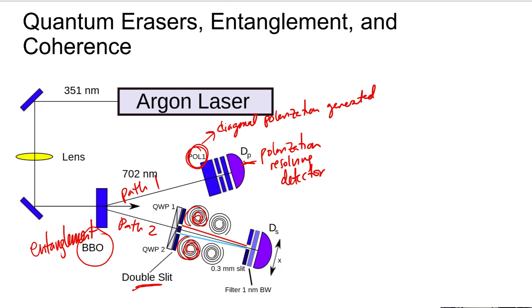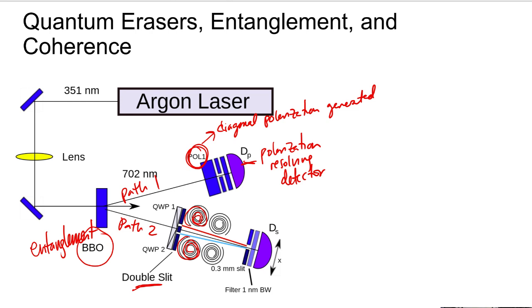The next thing that's done in the experiment is I put a circular polarizer in front of each slit of the double slit mask. So here are my circular polarizers. I have a right circular polarizer and a left circular polarizer marking each of the slits. Which slit corresponds to which polarization depends on how you set up the experiment, but you know which is which.